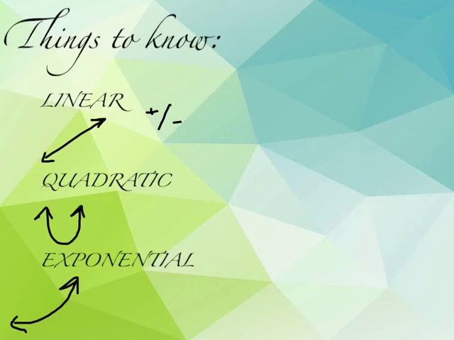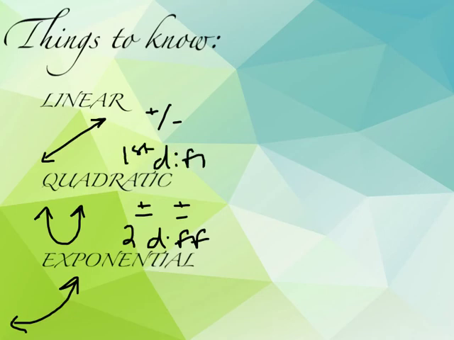In quadratics, we are adding or subtracting and then adding and subtracting again, and we have the same second difference. So linear is same first difference. Quadratic is same second difference. And in our exponential functions, we were multiplying by a common ratio. That was when we were looking at our tables.